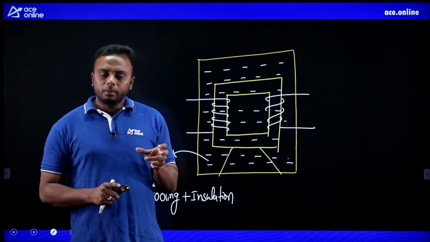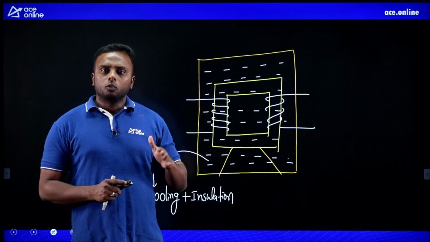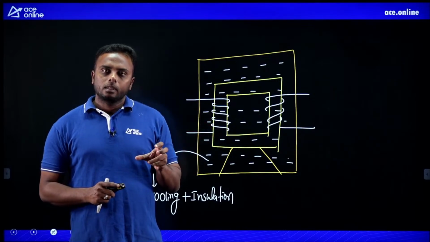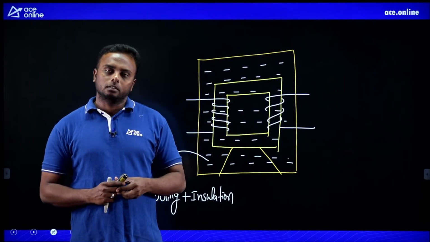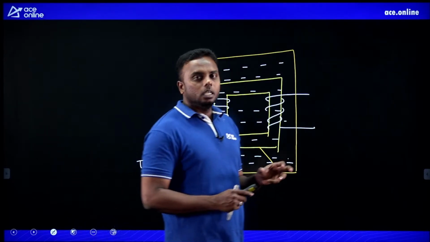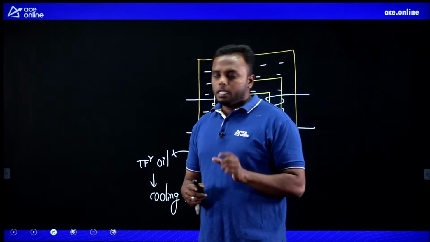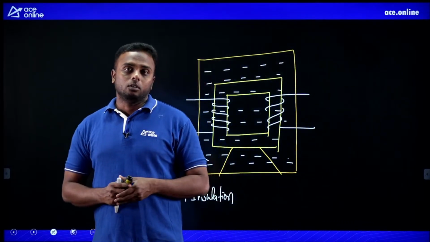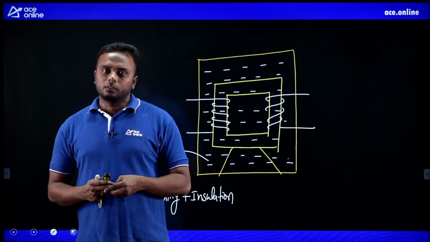What is the approximate relation between iron loss and voltage variation? Iron loss varies approximately as the square of the supply voltage. If the voltage increases a little bit, there will be a large increase in iron loss.